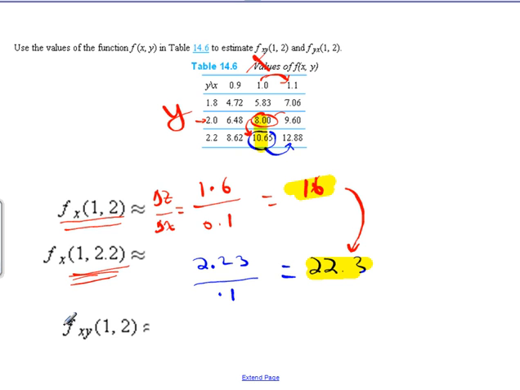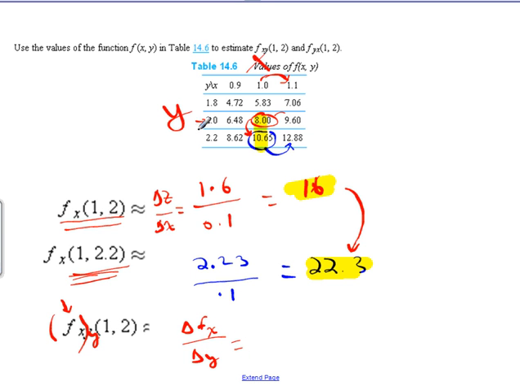Therefore, we can say my second order partial derivative, which is saying how f partial x is changing as y changes at the point 1, 2, is my change in f partial x over my change in y.